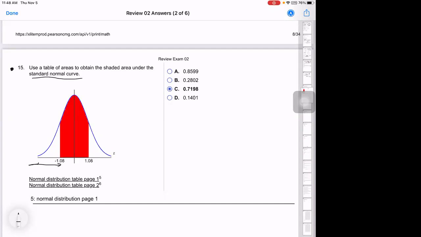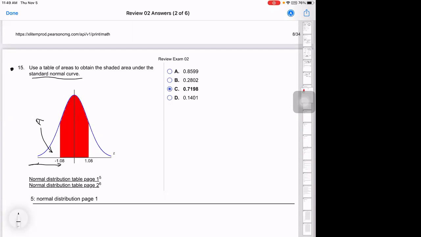I'll call this area capital A. See these Z values, negative 1.08 and positive 1.08, same value but different signs.